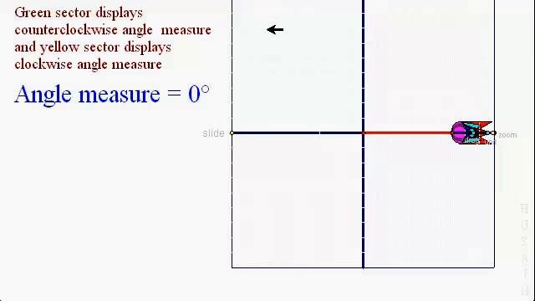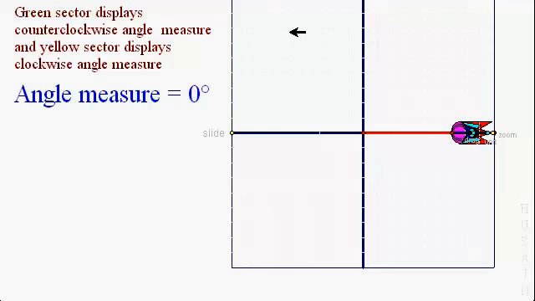The focus of this video is rotation about a point in geometry and the angle of rotation in both directions, that is clockwise and counterclockwise.